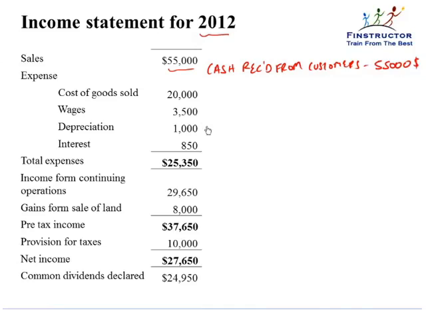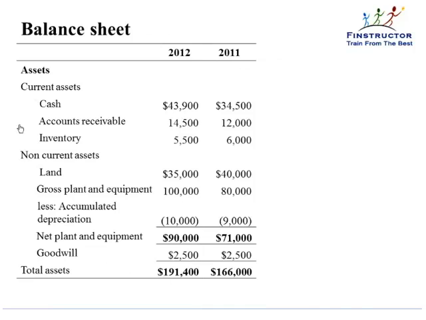Anything else in the income statement that gives me any information about the cash received from customers from my day-to-day operations? These are all expenses, taxes, net income. So I'll move on to the balance sheet. On the assets side, do I get any information about the cash received from customers? Please note that when making the cash flow statement, do not look at the absolute cash on the balance sheet.